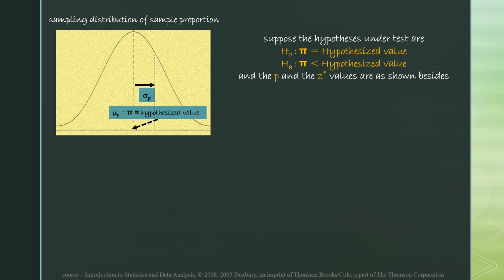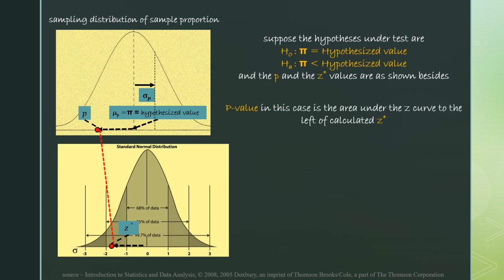Suppose the hypotheses under test are H0, that is π equals the hypothesized value, and HA, that is π is less than the hypothesized value, and the p and the z star values are shown alongside. The p-value in this case is the area under the z-curve to the left of the calculated z star.